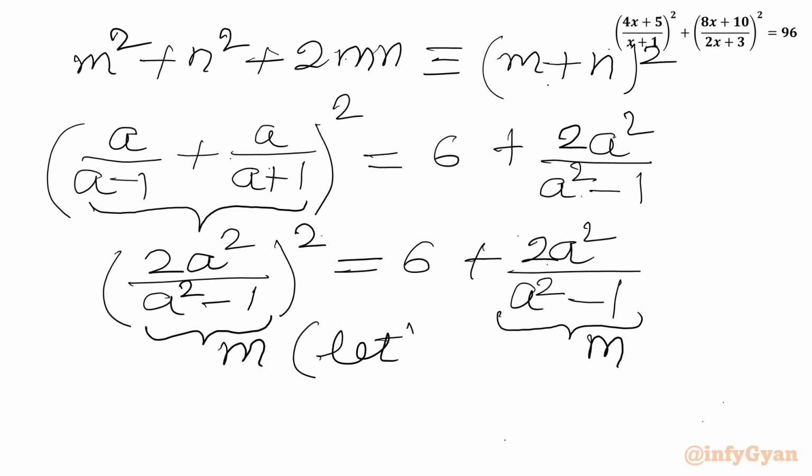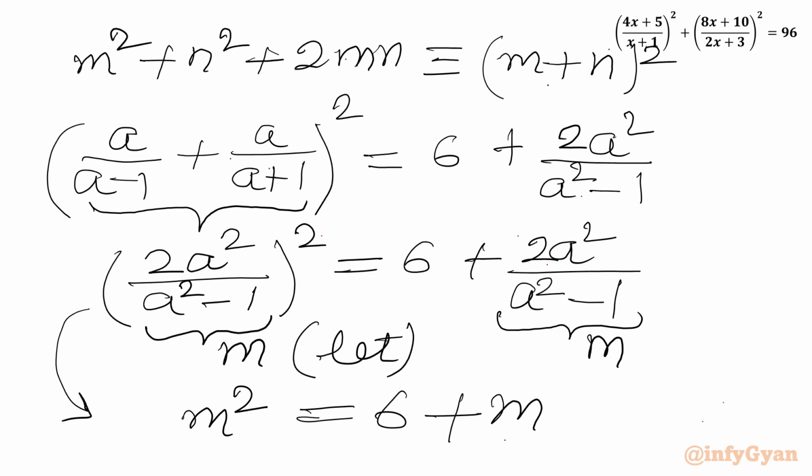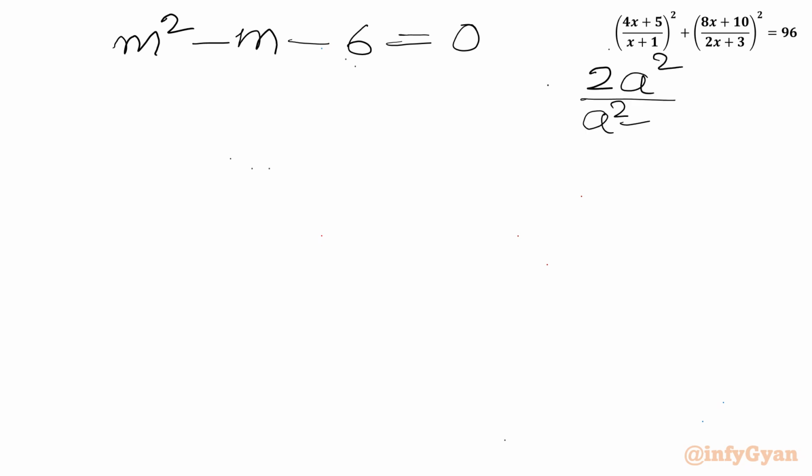So this is our consideration. So I will write our equation m square equal to 6 plus m. Take all the terms to LHS. So I will write m square minus m minus 6 equal to 0. So our substitutions are, the value of m was 2a square over a square minus 1. This was m. And at the beginning, we considered 4x plus 5 equal to a.